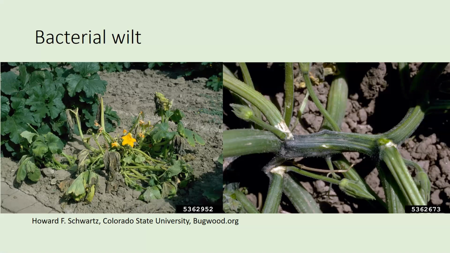This is actually caused by the cucumber beetle, which deposits a bacterium into the plant and causes it to wilt. So the way to control this is by controlling the insect, the cucumber beetle, and not applying a fungicide of any kind.